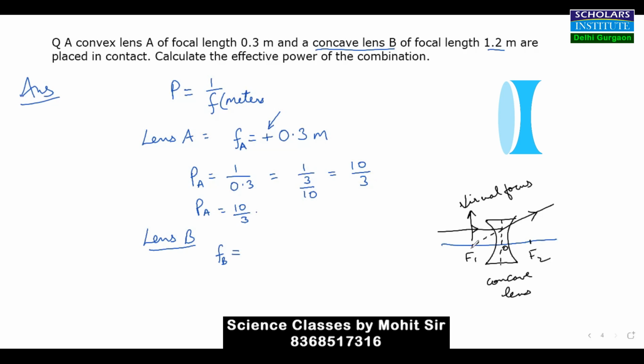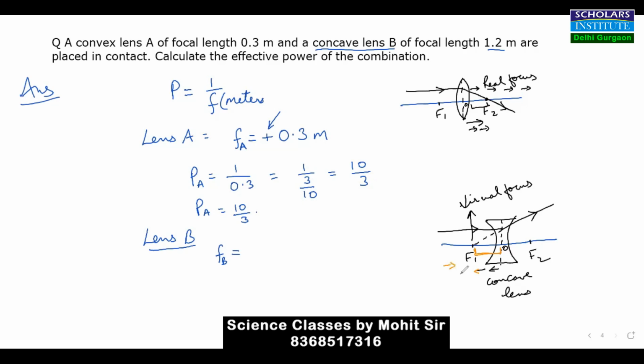So to measure the focal length, I will have to move in the opposite direction. The focal length is the distance between the focus and the optical center. This is the focal length. So I am moving in the direction opposite to the incident ray.